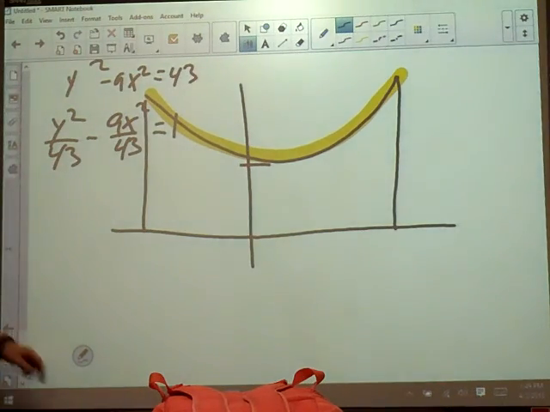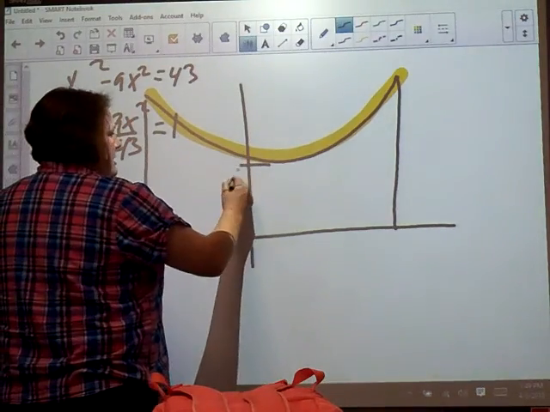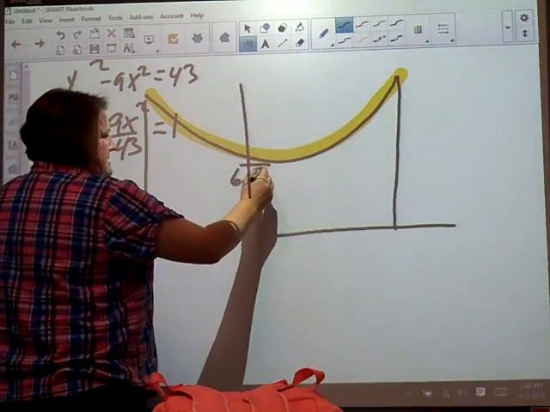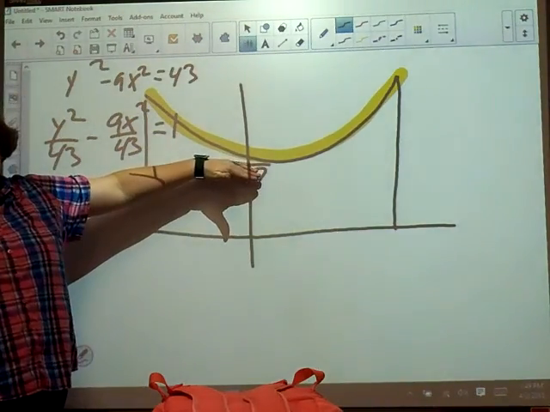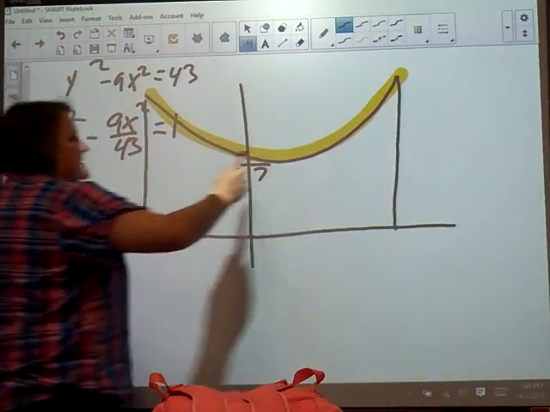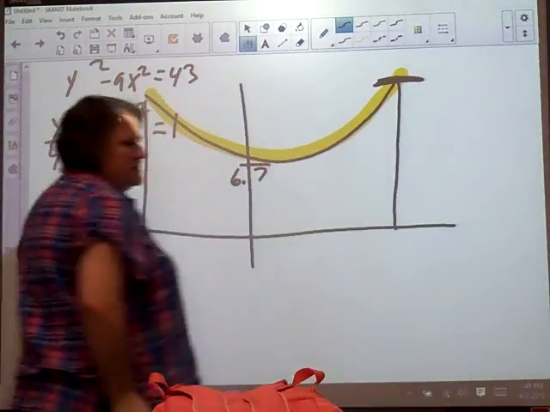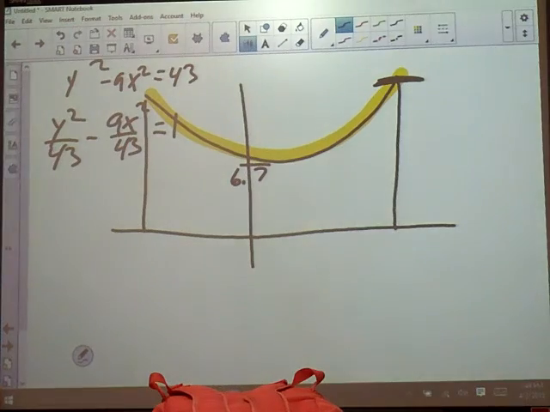Square root of 43 is going to be close to choice B. That's why some people would go with that. It's going to get you about 6.7, or I think it's actually 6.55, so we would have 6.6. But that's where that intercept is. The question is asking how tall are those walls?